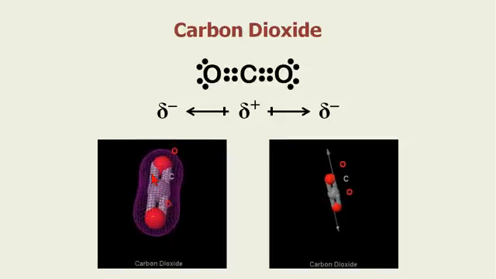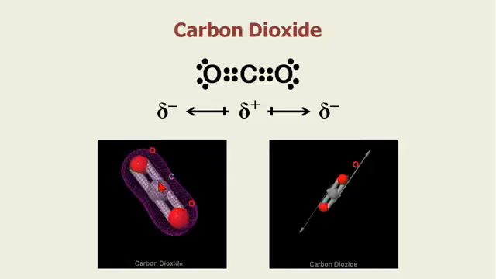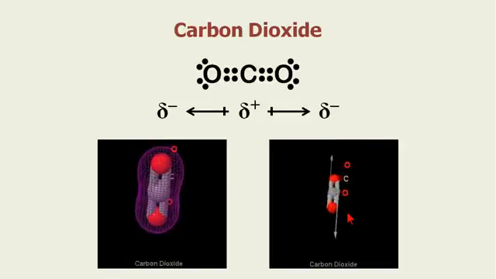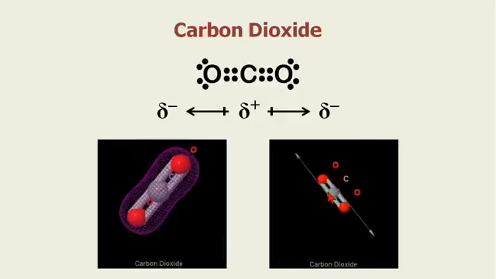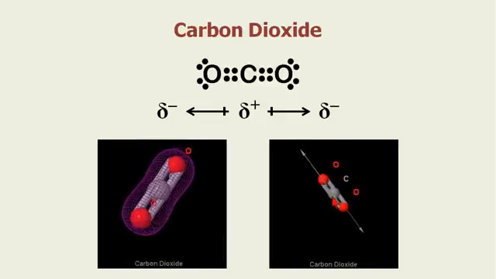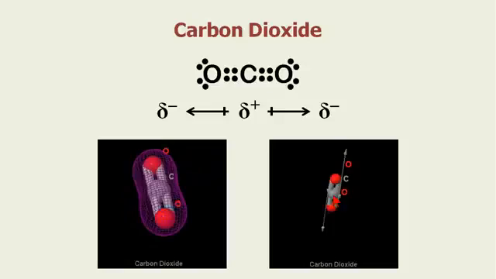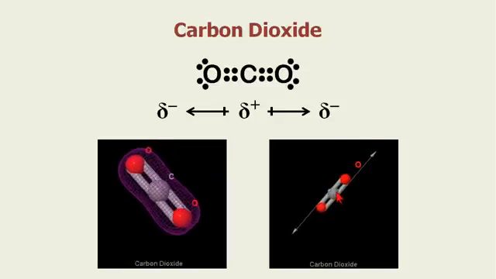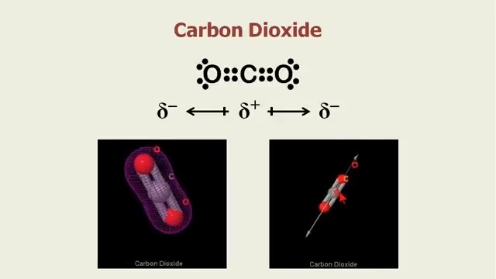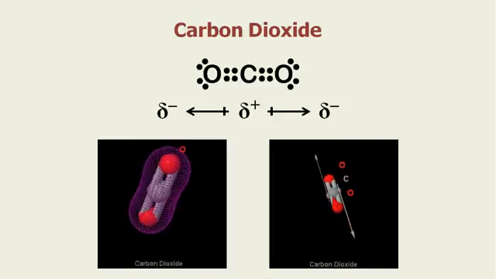And this is just one representation of what the electrons may look like. If we were to look at it another way, we would see that the bonds in this molecule are actually polar, meaning one part of the bond is more electronegative than the other, and these are the dipoles representing that.